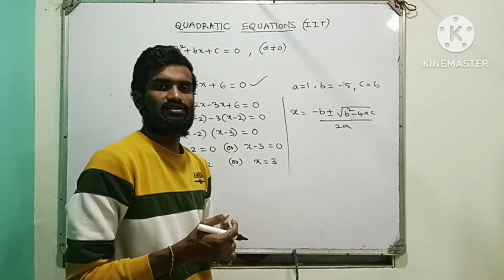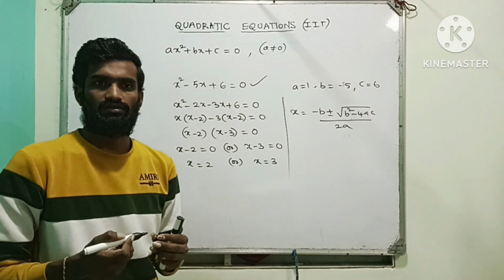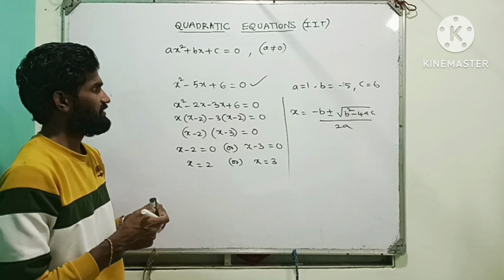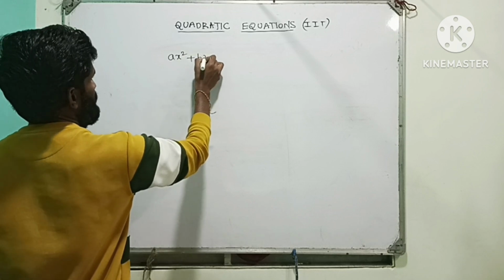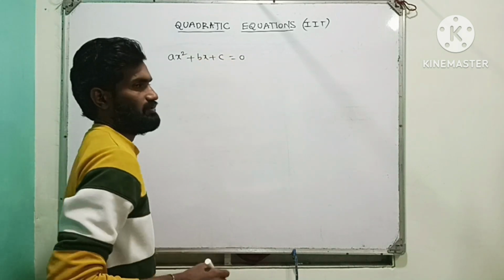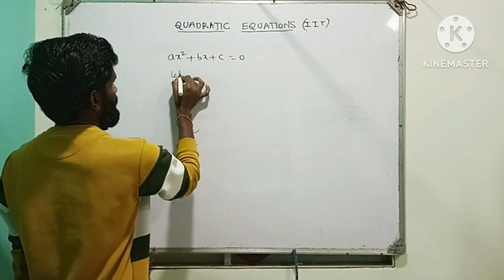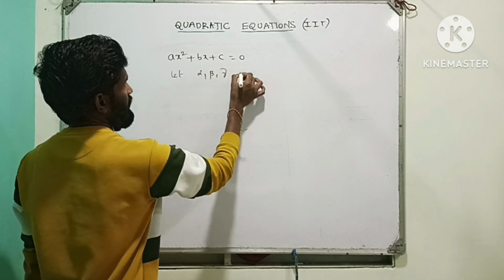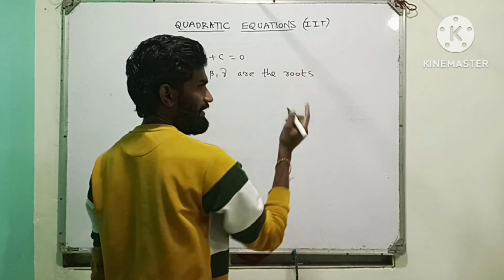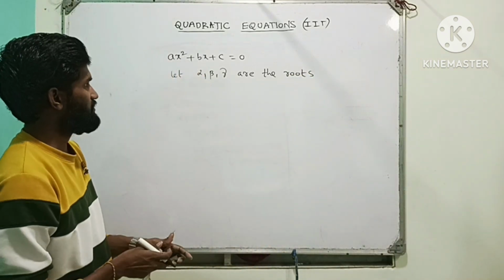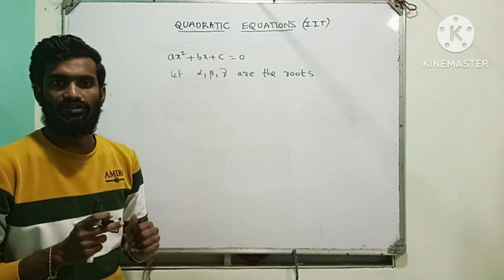So here my question is, why can't there be 3 roots, 4 and so on? Now we are going to consider the quadratic equation ax square plus bx plus c equals 0, and let alpha, beta, gamma be the roots of this quadratic equation.